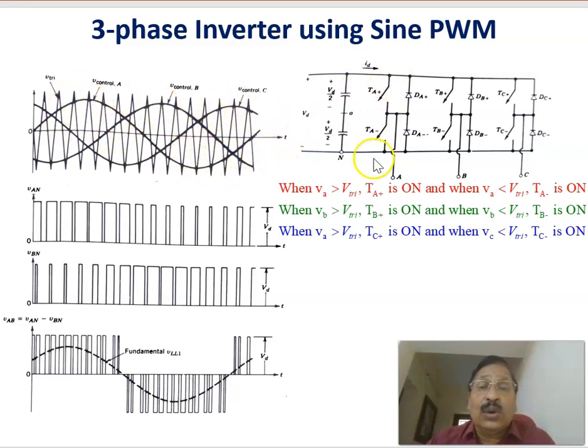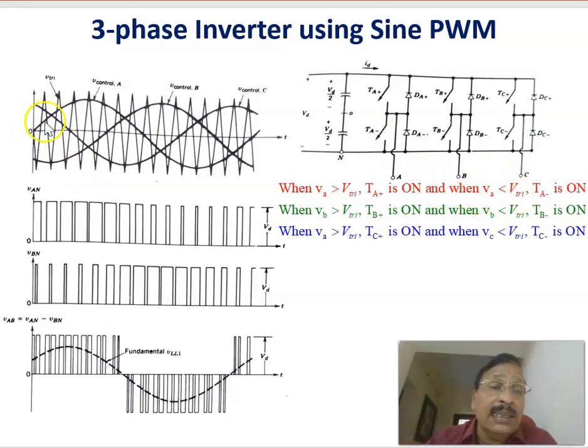Now, this is the control law. When the corresponding voltage, for example VA, is more than the triangular voltage, then TA plus is on, and you will be getting plus VD.